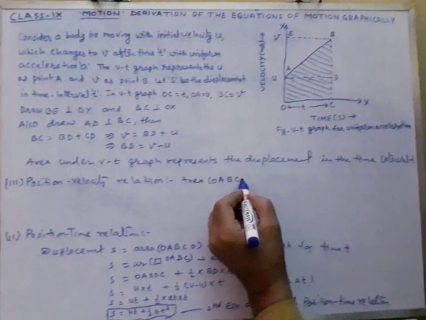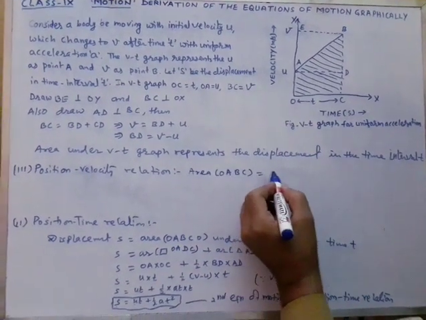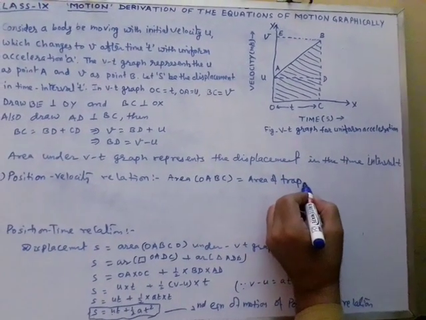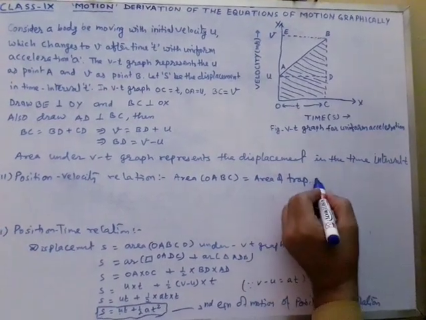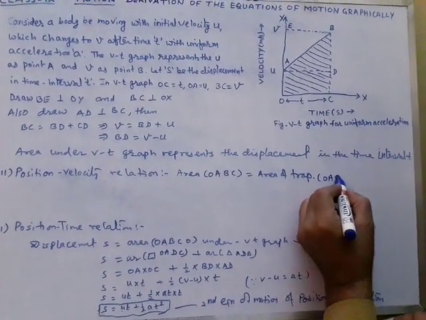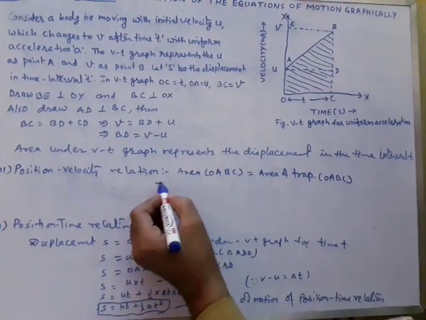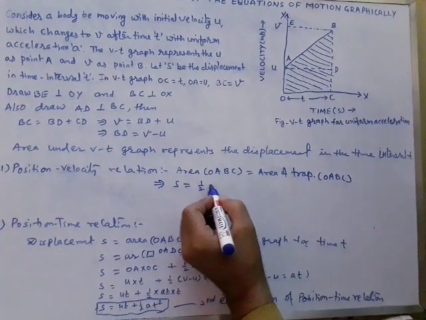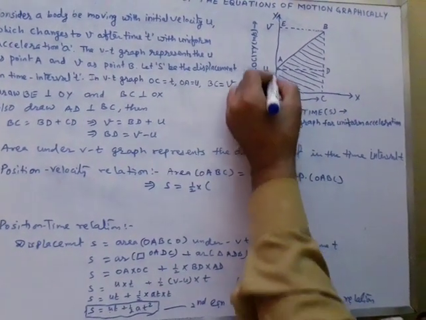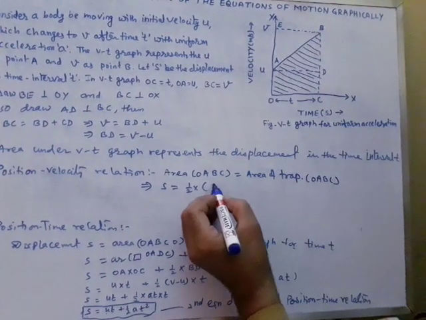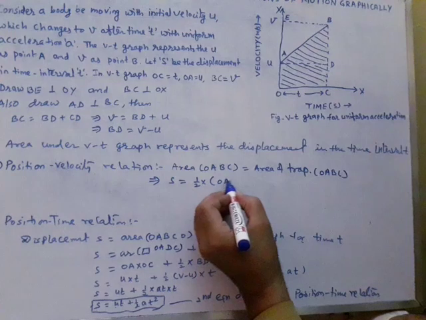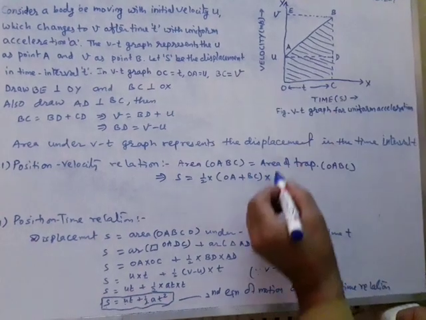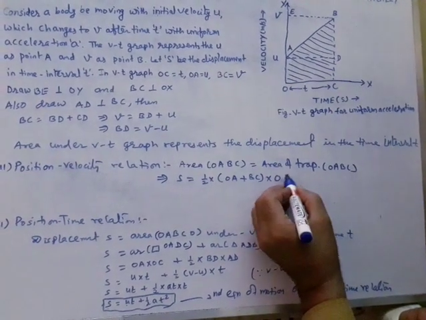So my dear students, area OABC is the area of a trapezium. This will give us displacement S is equal to the area of the trapezium, which is half into the sum of parallel sides. The parallel sides are OA and BC, into the perpendicular distance, that is OC or AD, you can take OC.